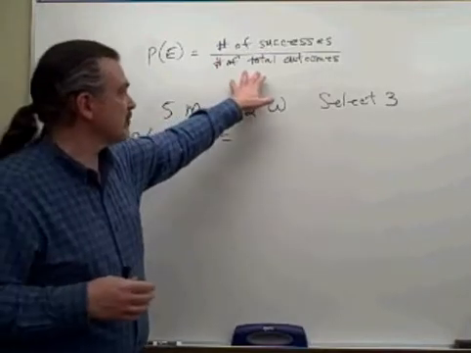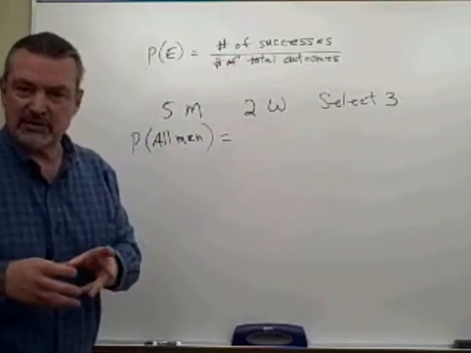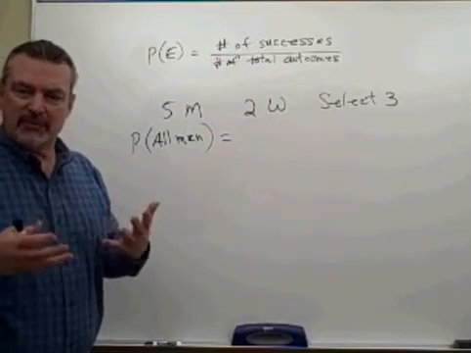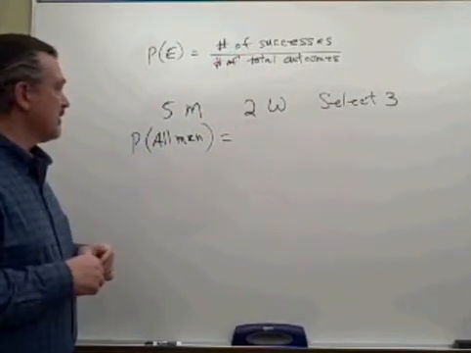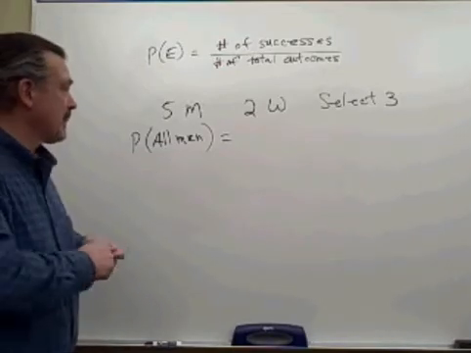What are the total number of outcomes? Of those outcomes, how many of them do we consider to be successes? And we form that fraction, and that's the probability that we would have that success. In this case, that we would get all men.